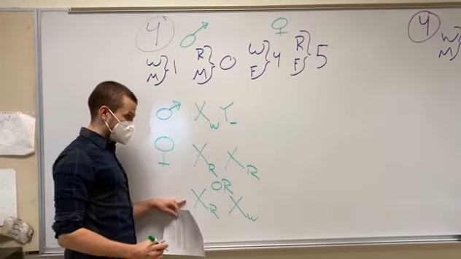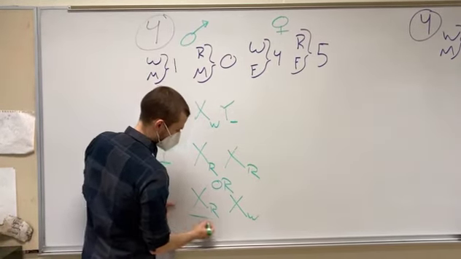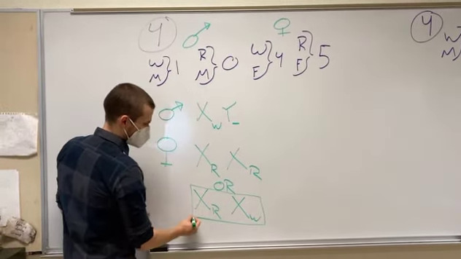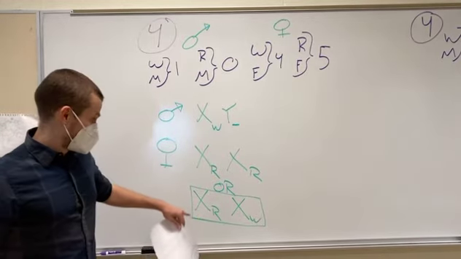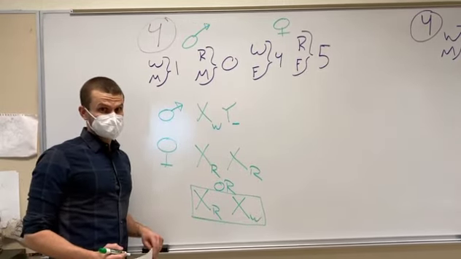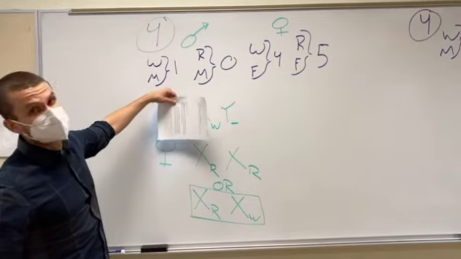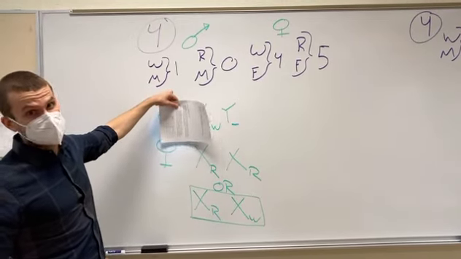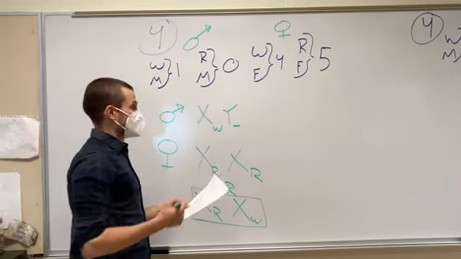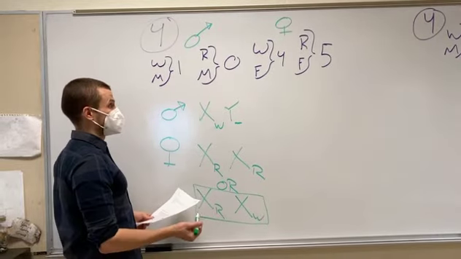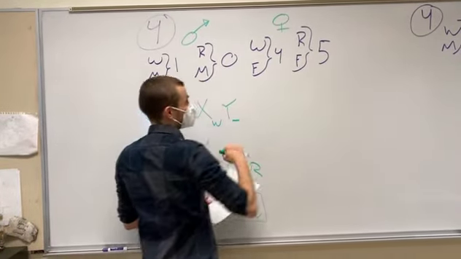If red eyes is dominant, this would work. If red eyes is not dominant, this would not work. We're going to have to look at our progeny ratios in order to try to figure this out. We don't know anything about the F1s other than these are their ratios.